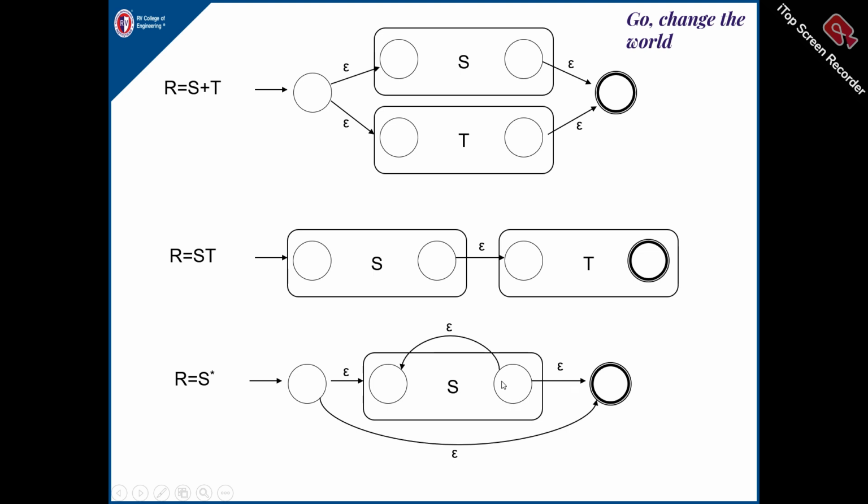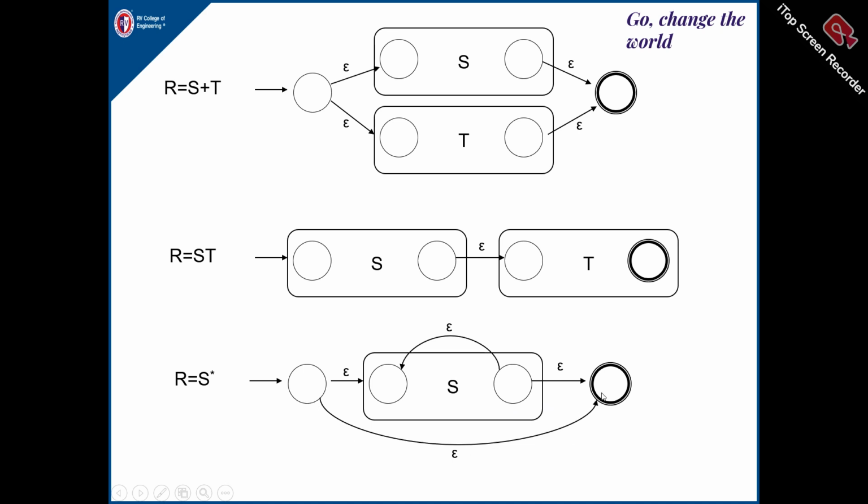Then add a new transition from the final state of S to the previous start state, and add an epsilon transition from the new start state to the new final state, because S star should contain all the strings obtained by repeating the strings of S. So I need to apply this any number of times, and I also have to accept the empty string, so I have to add one more transition.